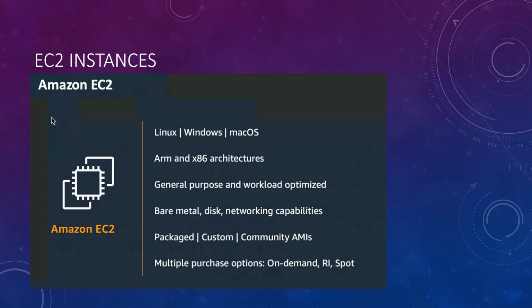Spot instances are virtual machines that you don't really care when they run, so long as they run at some point. And you basically bid for a low price on the timing of those instances running, and you can get a lot cheaper compute time for that.